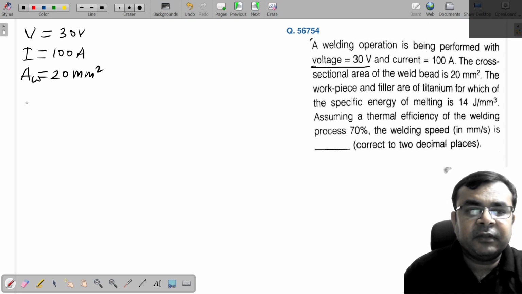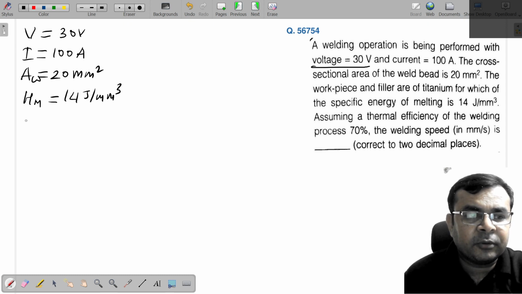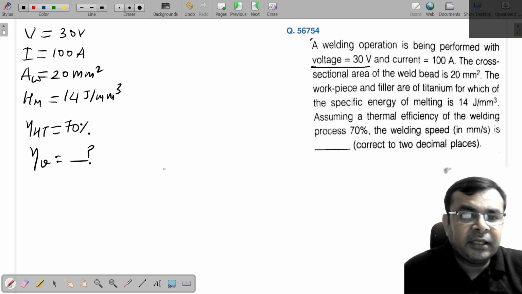The workpiece and filler are of titanium, for which the specific energy of melting, HM per unit volume, is 14 joule per millimeter cube. Assuming a thermal efficiency of the welding process, eta HT, is 70%, here we need to calculate the welding speed.